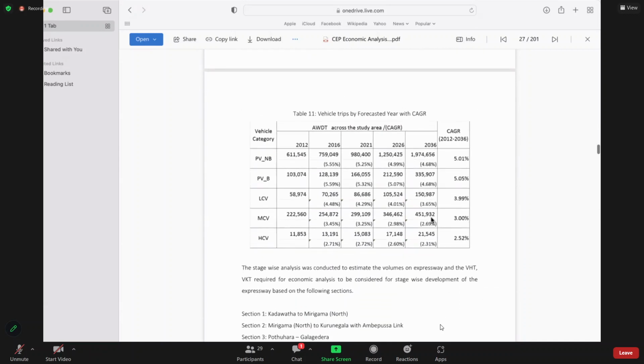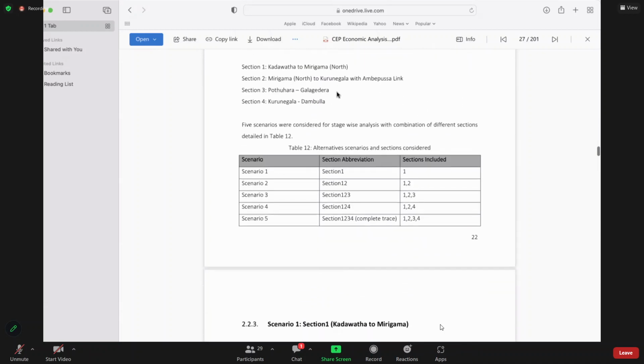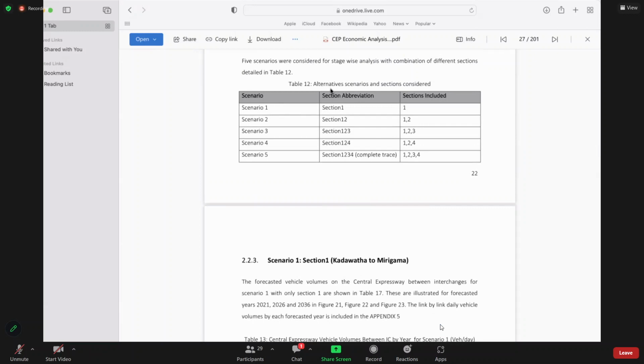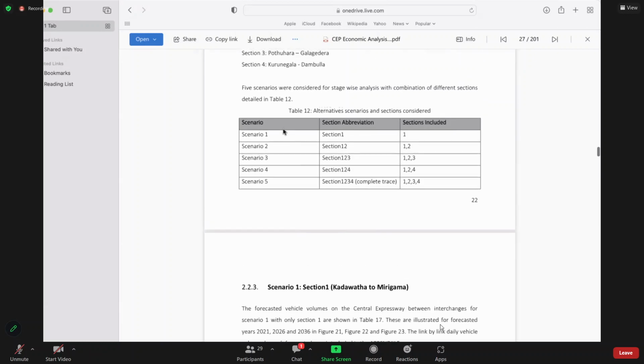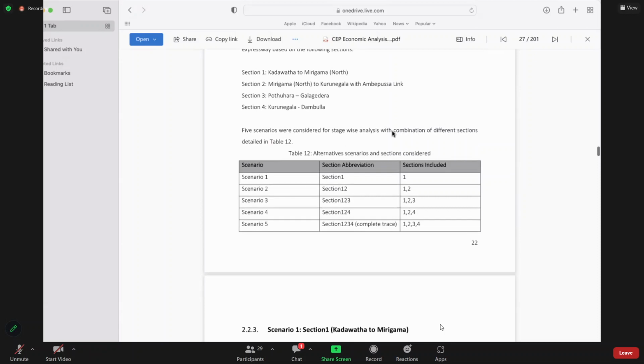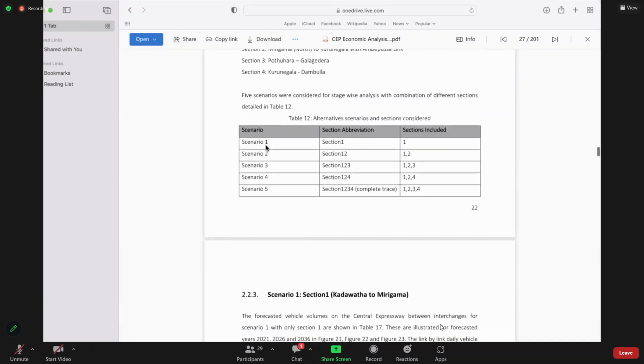So you can see here the forecast, the predictions of say vehicle trips, all those things, and the alternative scenarios that they are considering. The expressway project could take different routes. So say they are considering 5 different scenarios as options here.